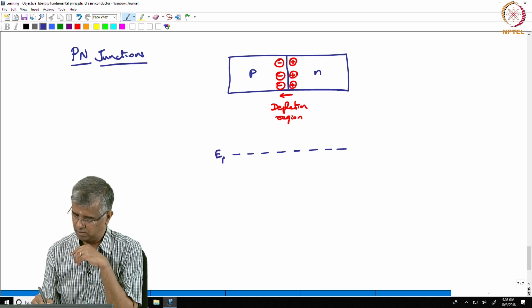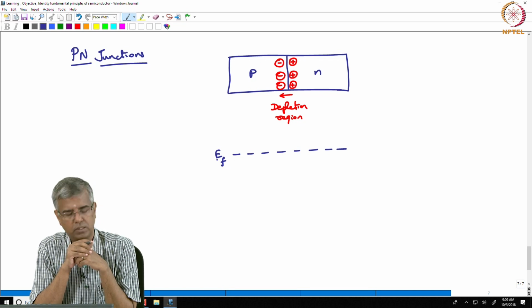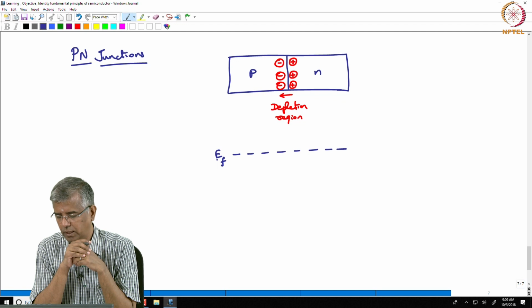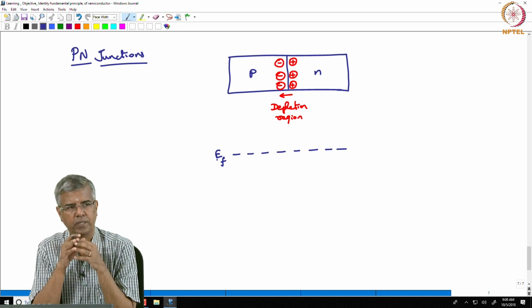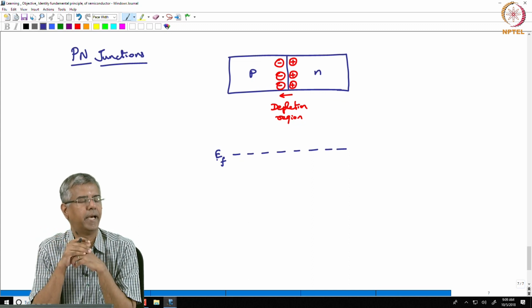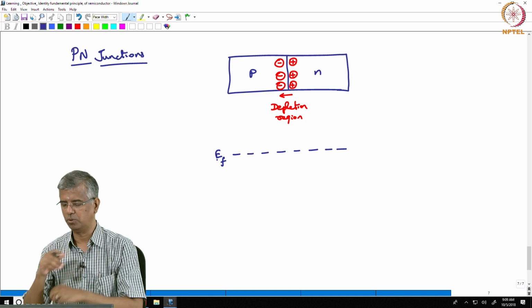So that Fermi energy is going to be uniform across the structure. And the other is, of course, you have a potential barrier there, which discourages further diffusion of carriers across the junction. Okay. So those are the two things that happen.